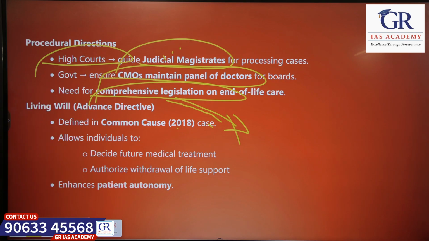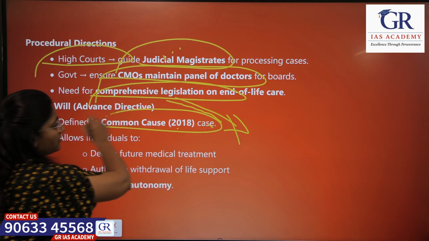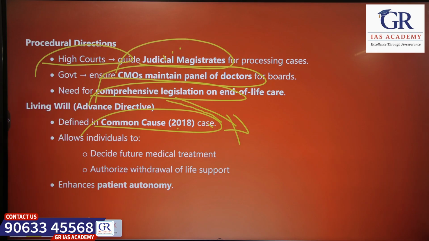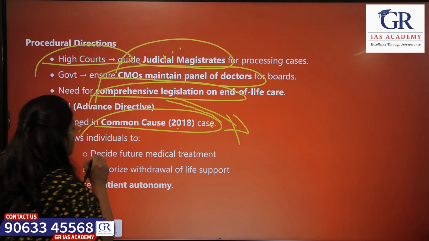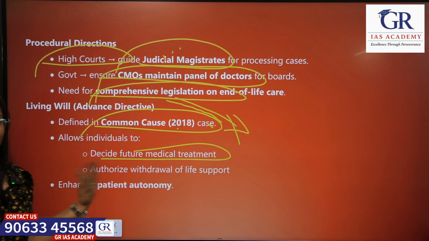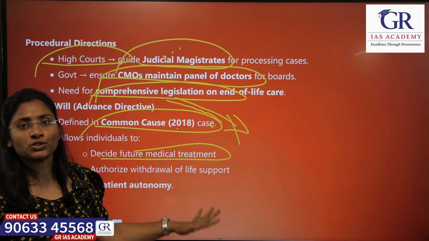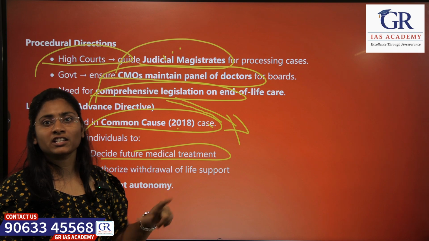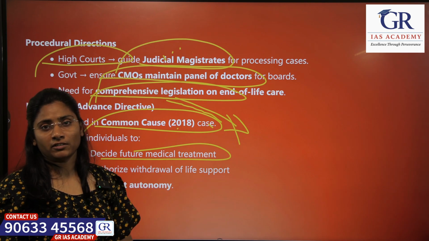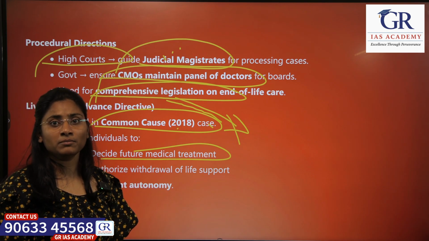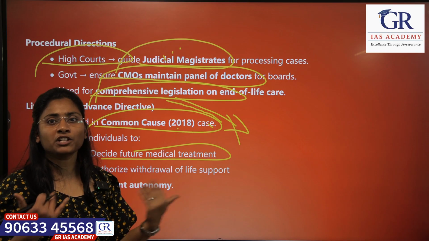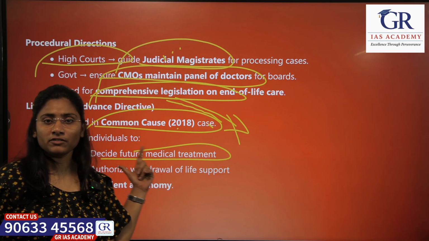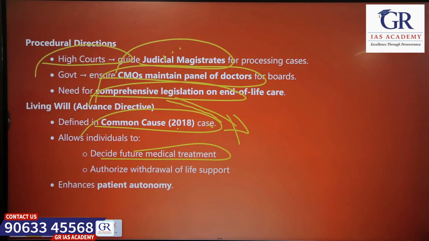Okay. What about the living will? It is defined in the 2018 Common Cause case. It allows individuals to define future medical treatment in case of any issues with their health because of accidents or any diseases. They can give a will for the future. If anything happens to them, they can take their own decisions, that you can do this to me. So that is given in the future will of a person. Okay.